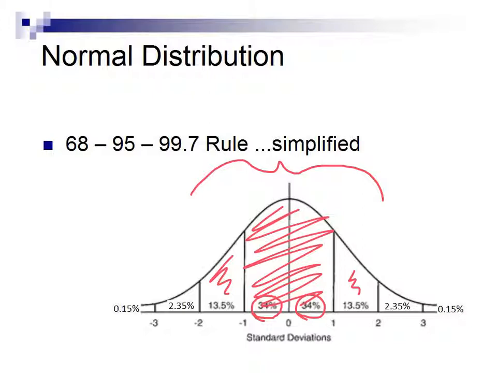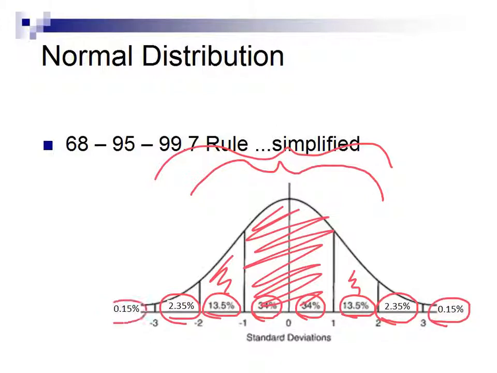So this individual column will have 13.5%, and this individual column will have 13.5%. And if you keep with that process and go with the 99.7, we find that 2.35% falls here, and 0.015, hardly anything, should fall outside of 3 standard deviations of the mean. Now you might check your notes and make sure you have these numbers in there nice.